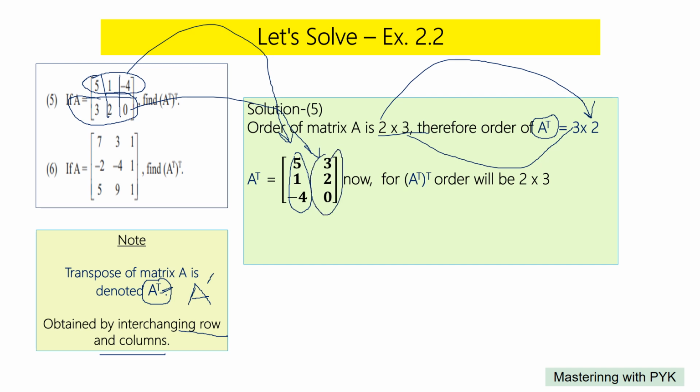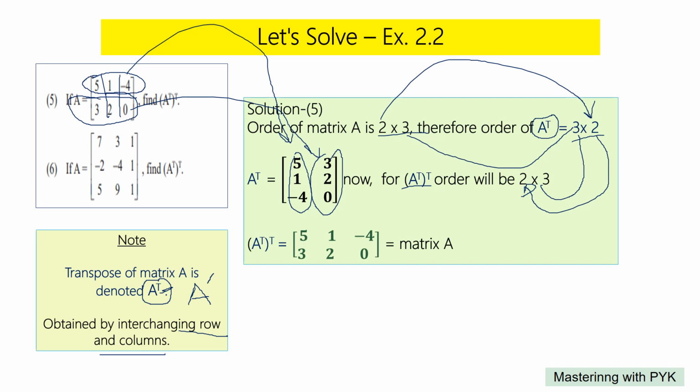Now the order of the matrix is 3 by 2. And transposing it again, meaning again interchanging, the columns become rows. So A transpose of transpose is, now this is the given matrix. Right?